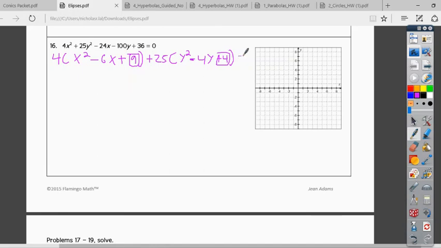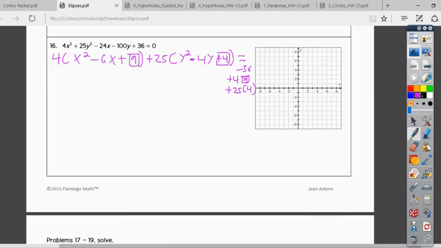And this is all equal to -36 plus 4 times 9 plus 25 times 4.